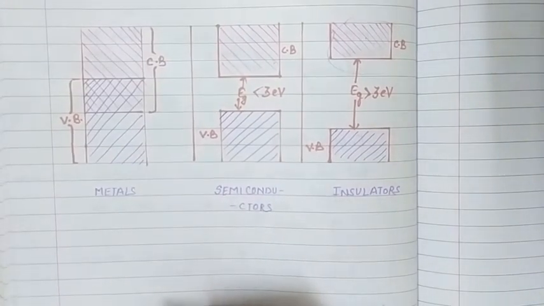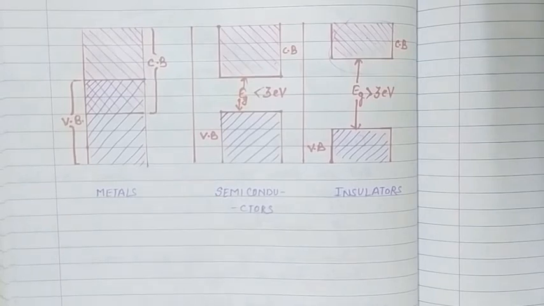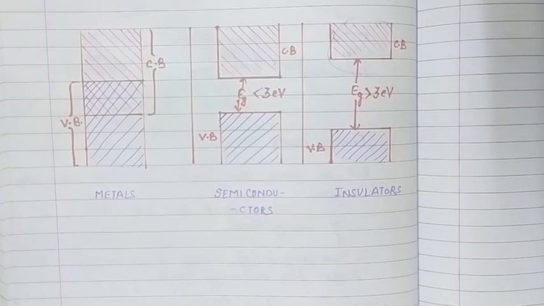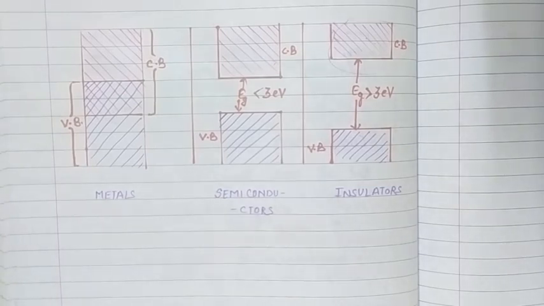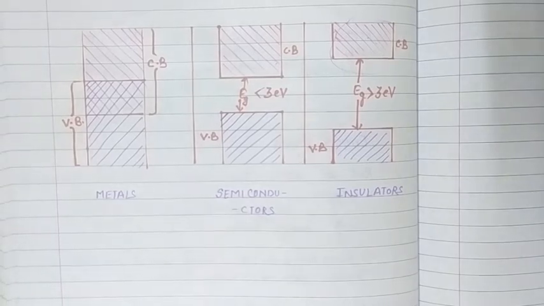As they jump to the conduction band, they start conducting electricity, and the semiconductor acquires small conductivity at room temperature, and the resistance of a semiconductor is not as high as an insulator at room temperature.